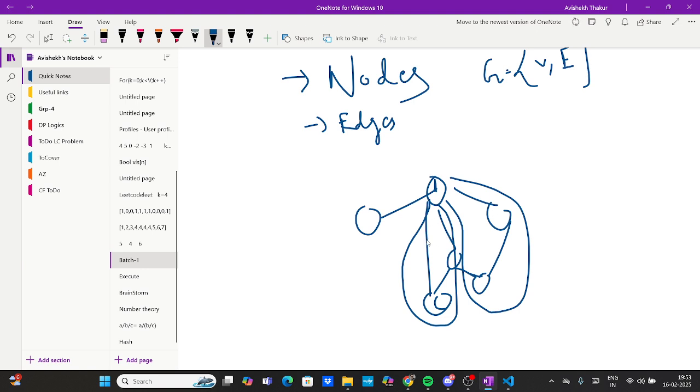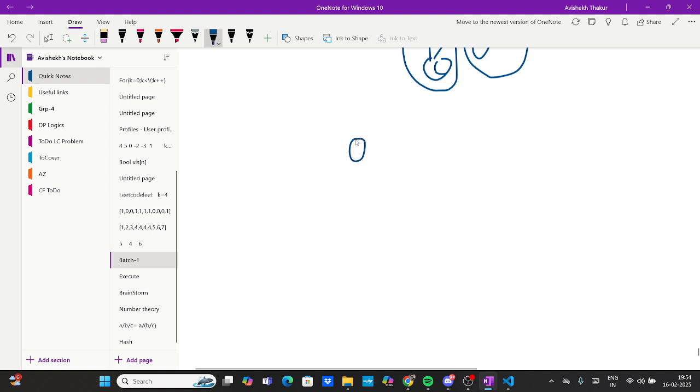And there is one more thing, that there can exist a cycle in a graph. And what's a cycle? A cycle is simply that if you start from any node and you come back to the same place, it's a cycle. Let's say if I started from 1, I can go to 2. From 2, I can go to 3, and from 3, I reach back to 1, right? So this is known as a cycle.